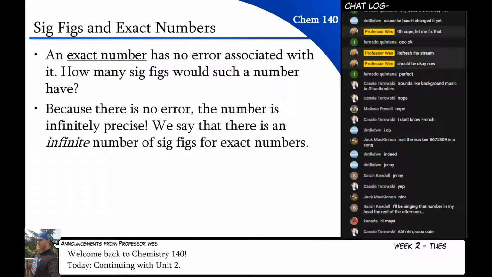Why do we care about significant figures with measurements? The reason that we care is because significant figures are a tool that allows us to show how precise something is. A number with 2 significant figures is not as precise as a number with a lot of significant figures.